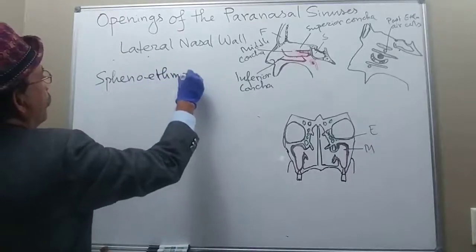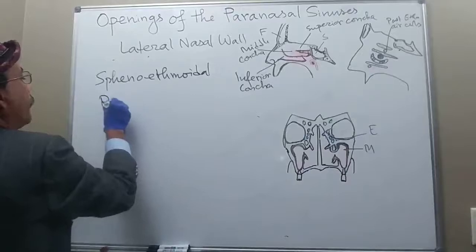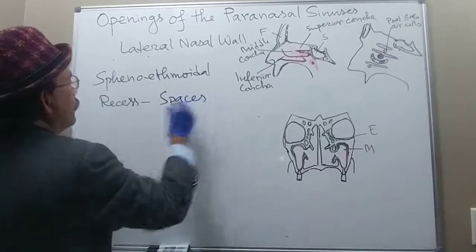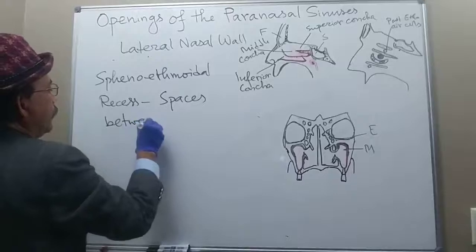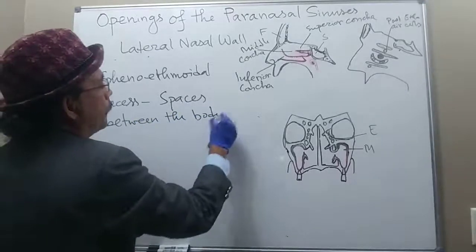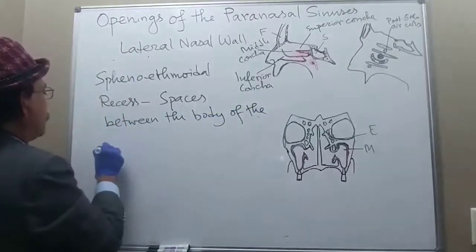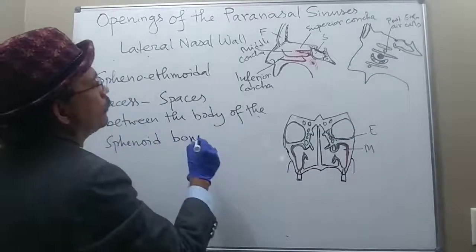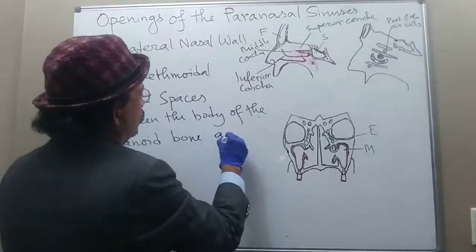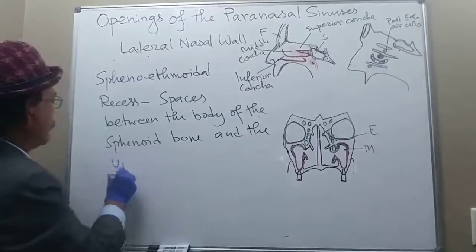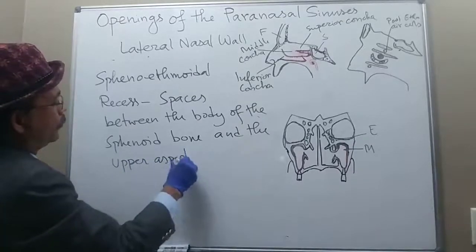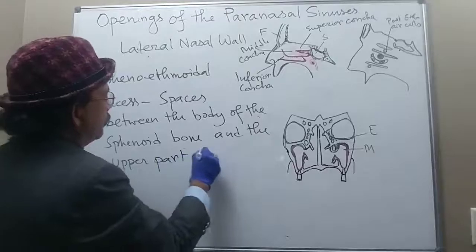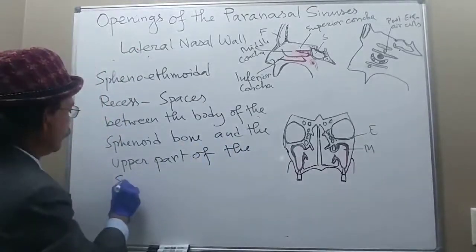These are spaces between the body of the sphenoid bone and the upper part of the superior concha.